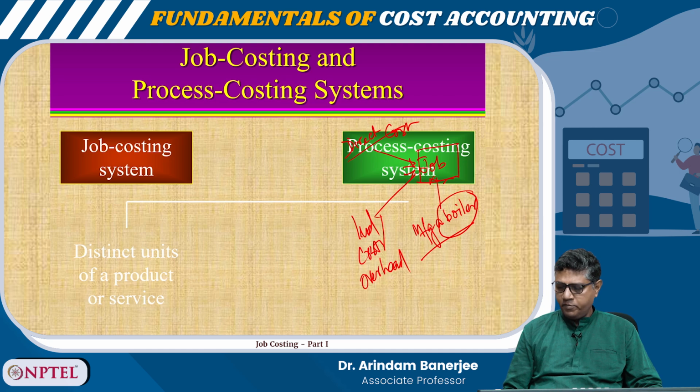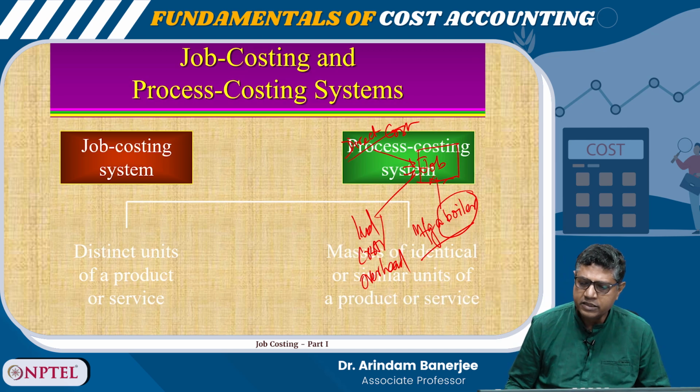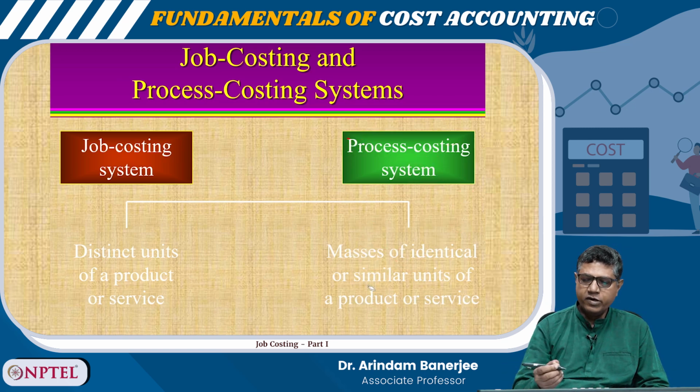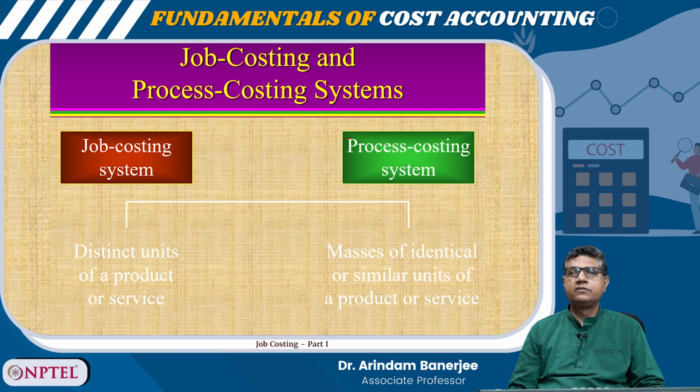In the process costing system, there are masses of identical and similar units of products.